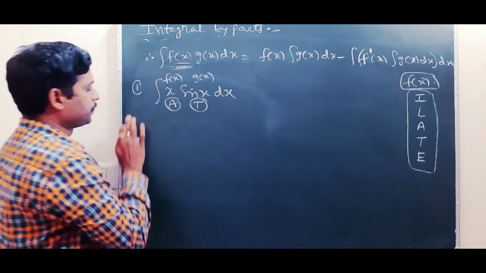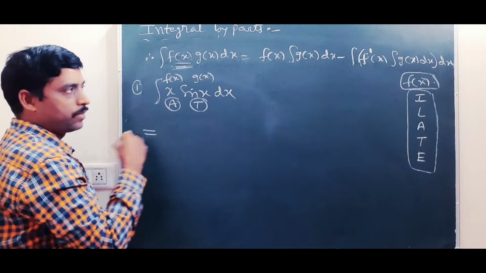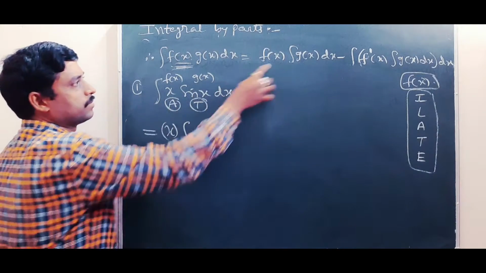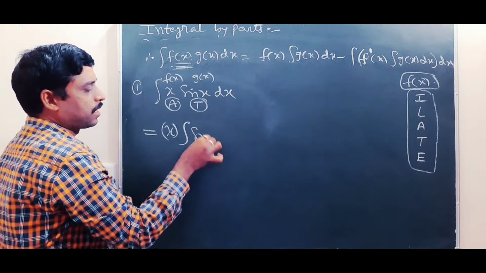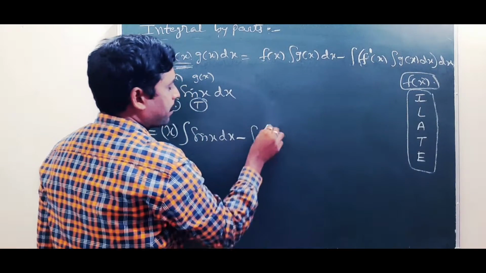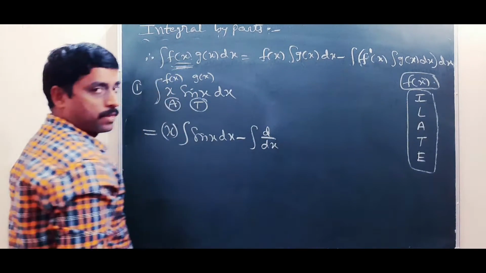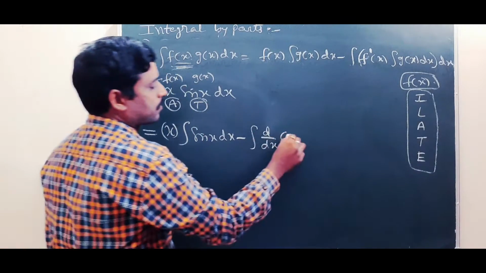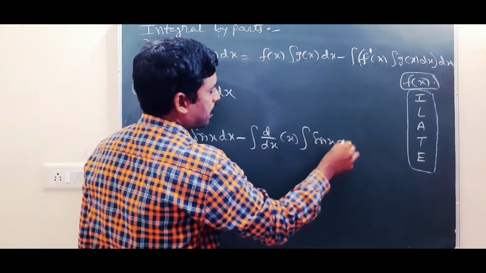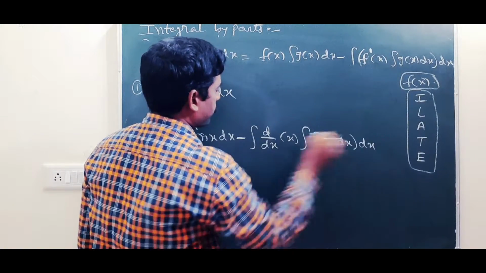It is going to be f of x, that is x, into integral g of x dx, integral sin x dx, minus f dash x, that is d by dx of x, into integral of sin x dx, whole integrated dx.